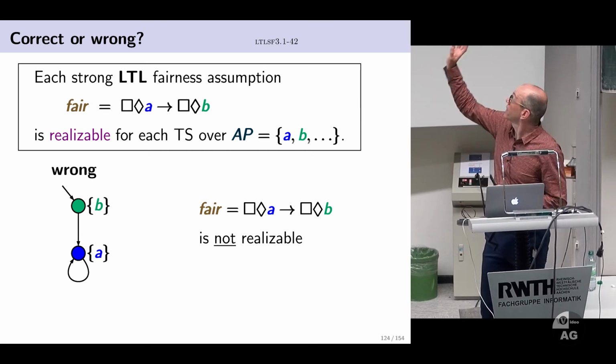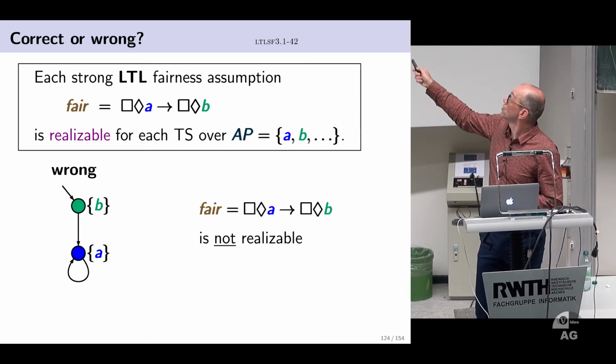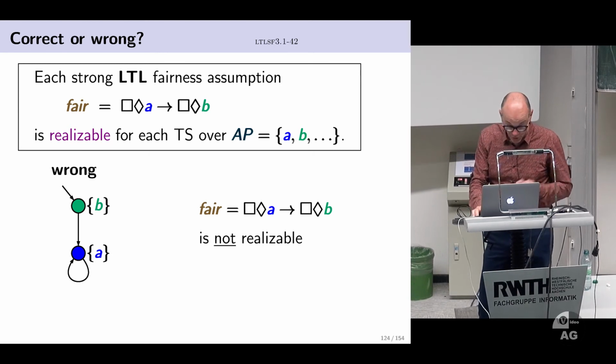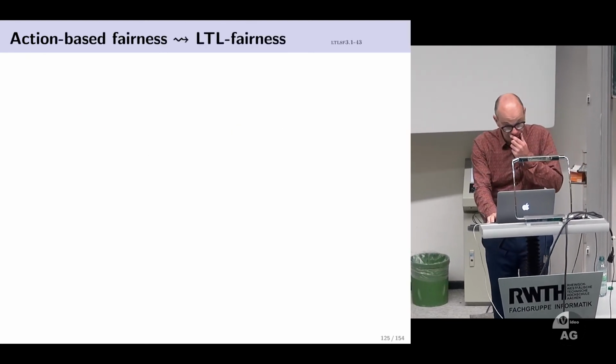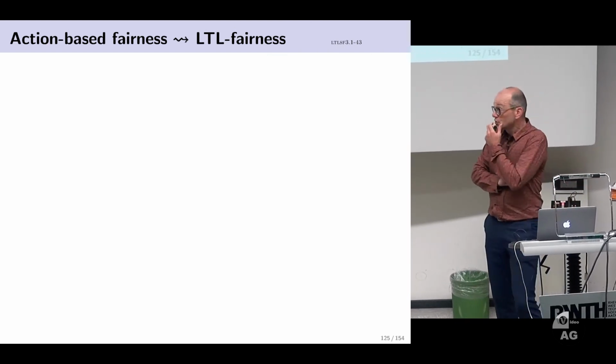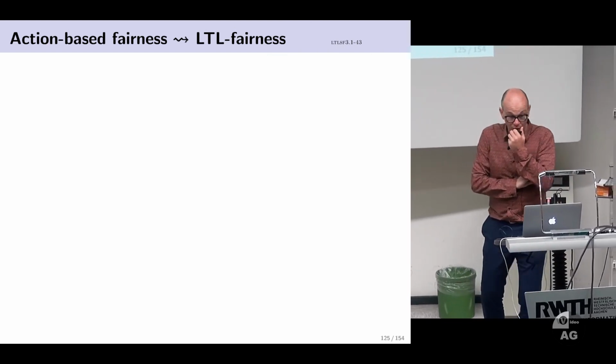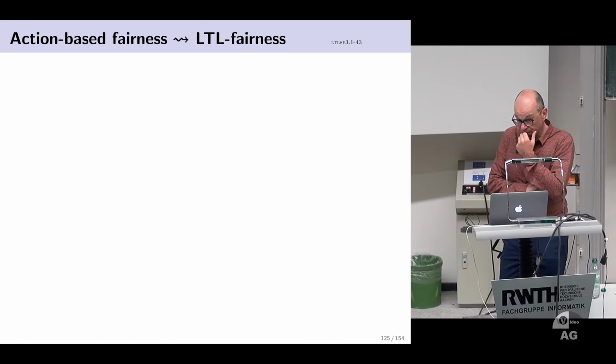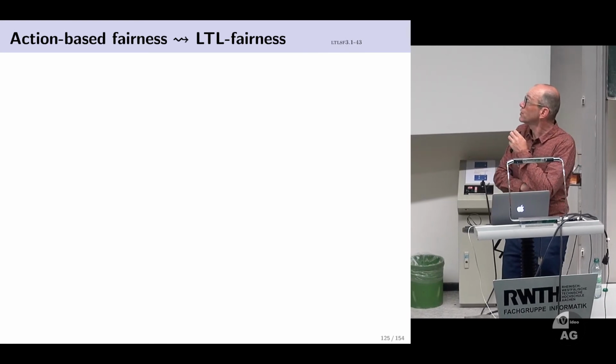So it's not the case that every strong fairness assumption is realizable, because this is a counterexample.